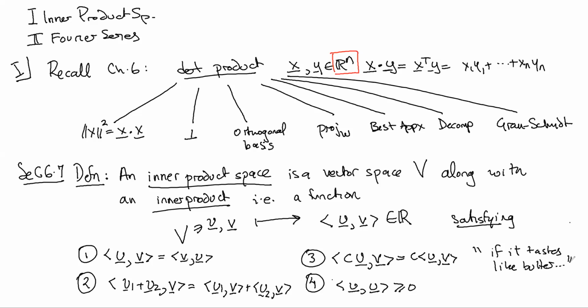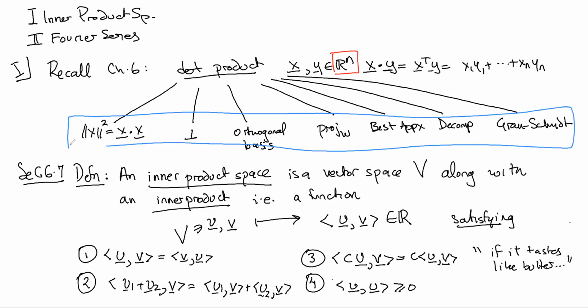Okay, and once you have an inner product, the punchline is you get all of this stuff up here. All of this stuff works exactly the same way. So the punchline: all of chapter 6 still works.